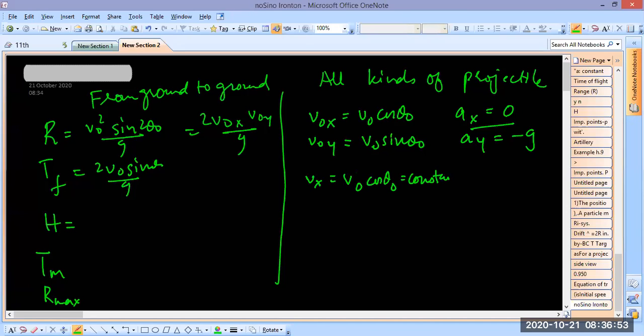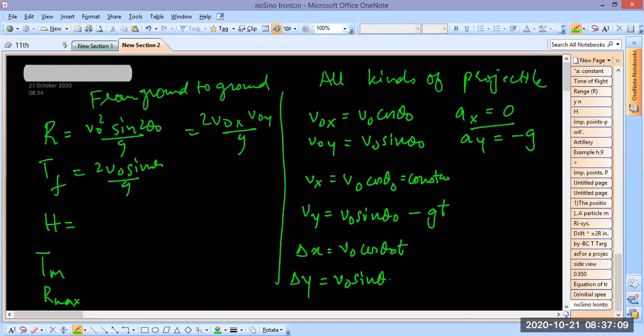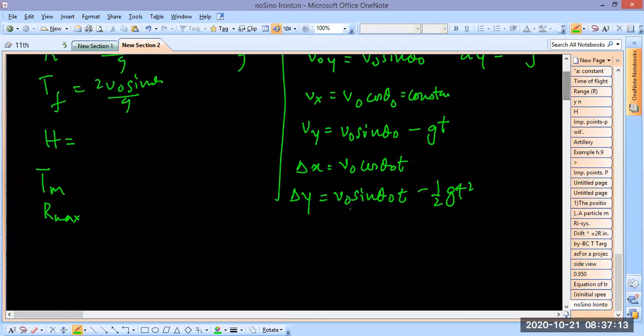That is because acceleration is 0 in the x-axis, but vy is equal to v0 sin theta 0 minus gt, right? Then delta x is v0 cos theta 0 t, delta y is v0 sin theta 0 t minus 1 by 2 gt square. And finally, equation of trajectory, which is delta y equal to delta x tan theta 0 minus 1 by 2 g delta x squared divided by v0 square cos square theta 0, right?